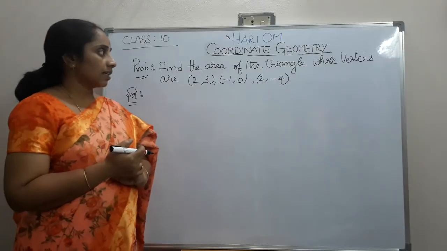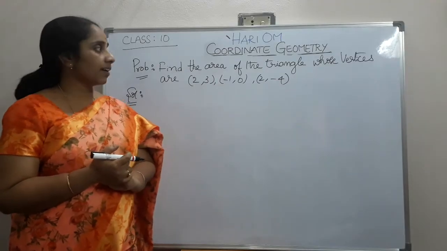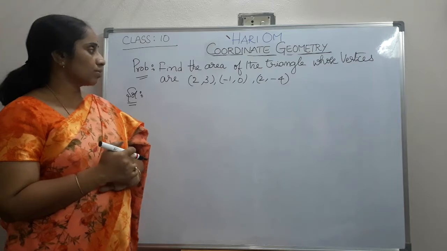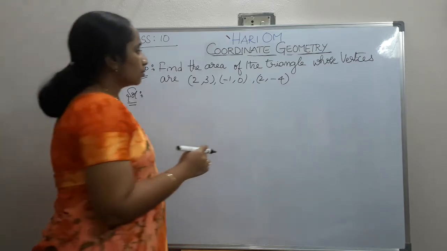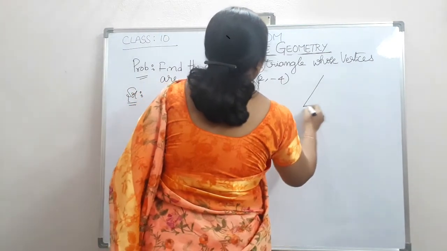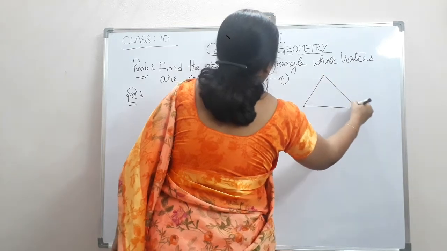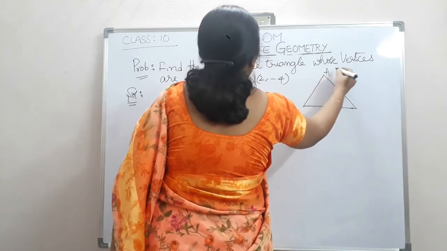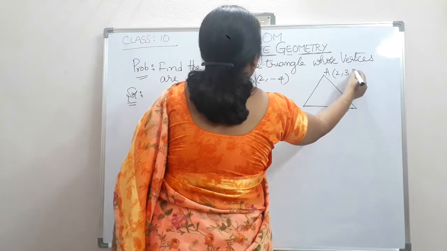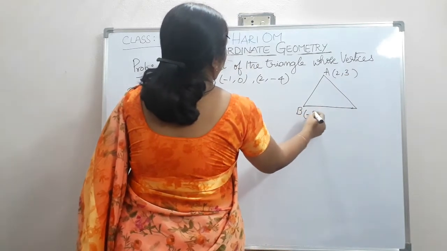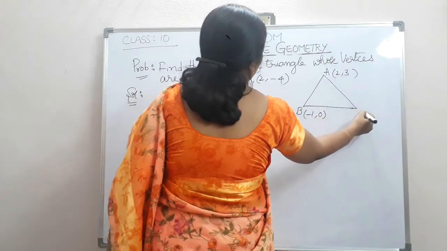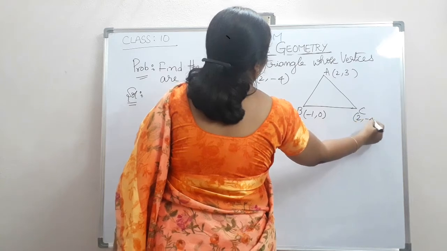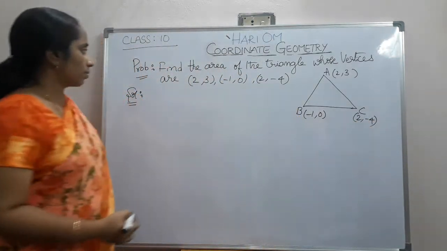Here in this problem, we are finding the area of a triangle whose vertices are (2, 3), (-1, 0), (2, -4). Name them as A (2, 3), B (-1, 0), C (2, -4).